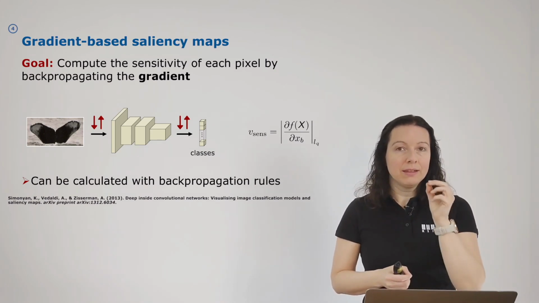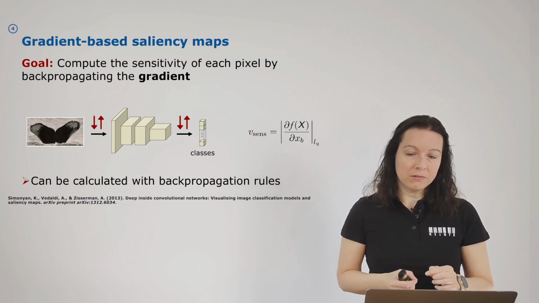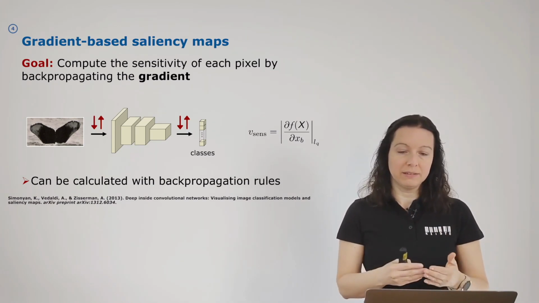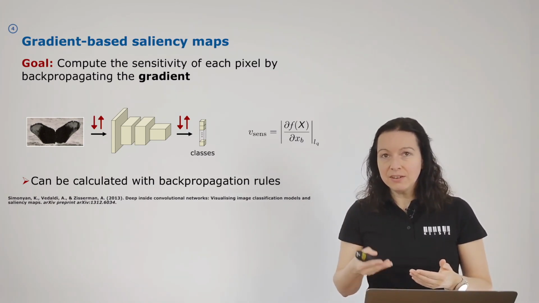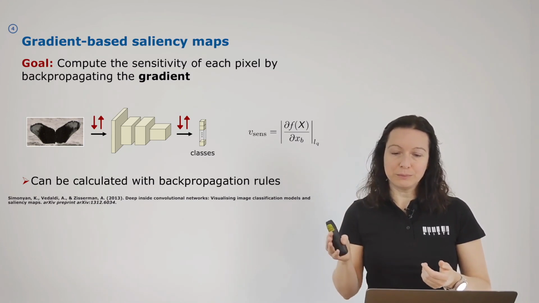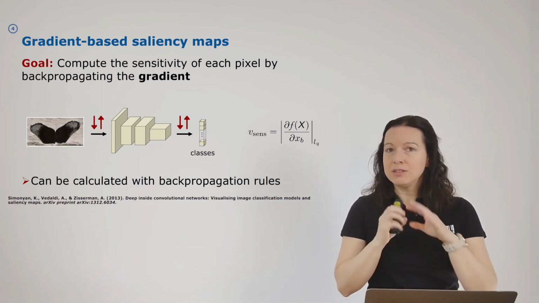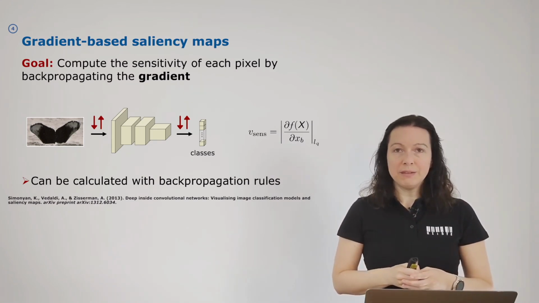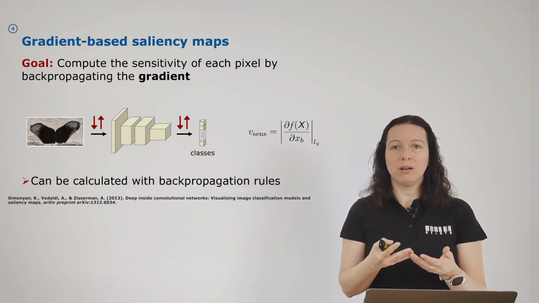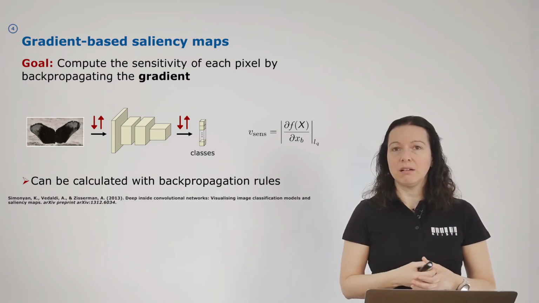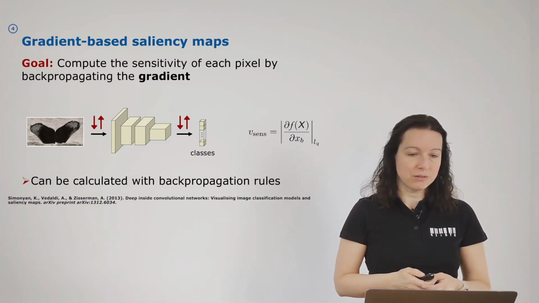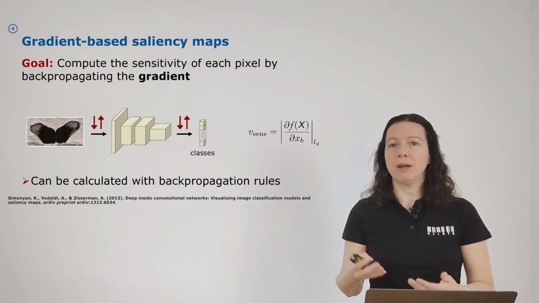Or the magnitude of the derivative indicates which pixel needs to be changed the least to affect the output the most. Okay, so this is one very simple method, and it builds the basis for a lot of more sophisticated approaches which were developed afterwards.